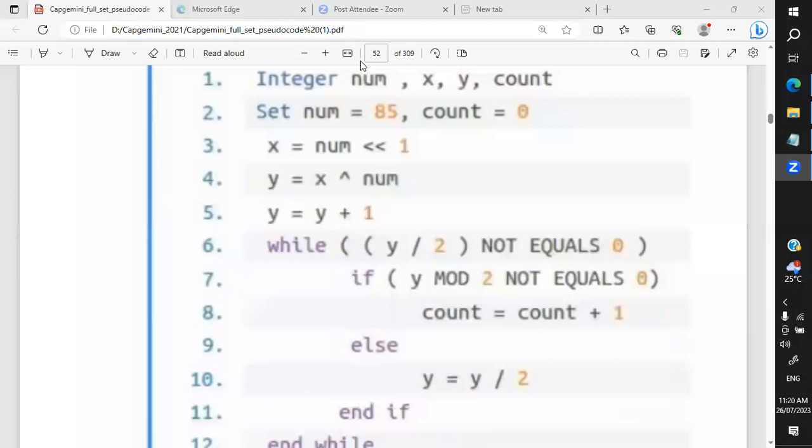No, not yet. I got only one response. Someone said X value is 170, Y value is 1, count is 0. Others also make it fast. Someone said infinite loop also. Okay, we'll check that. Last updated values I'm asking, not intermediate values. Nothing but last updated values. Once the whole code is done, after the end of the while loop, what are the X value, Y value, and count value?